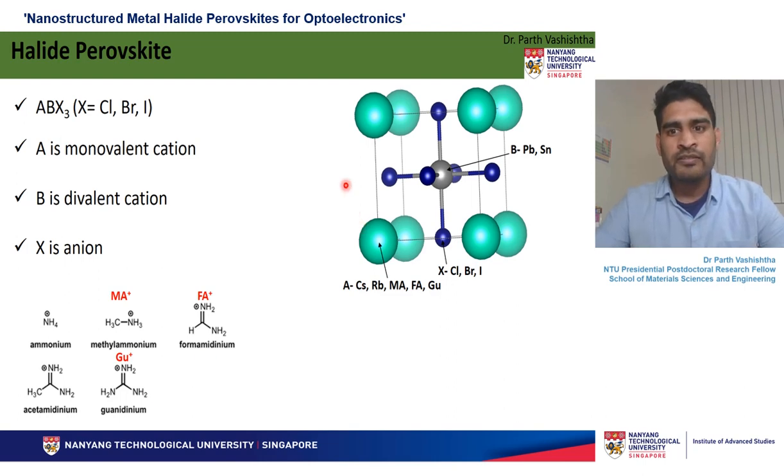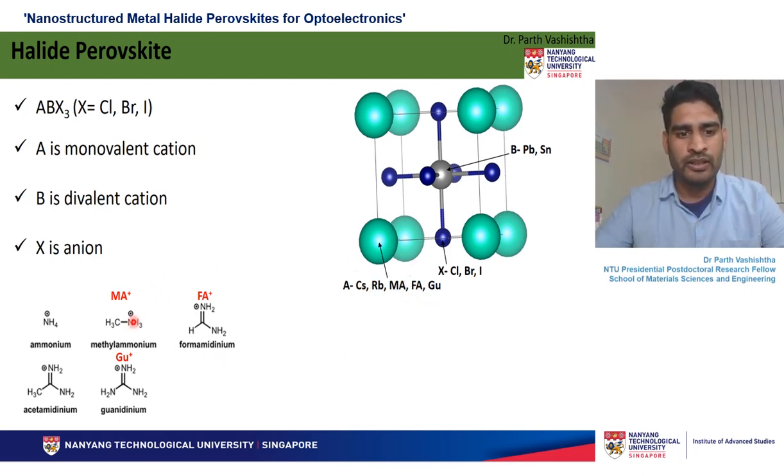So stay tuned. Here, ABX3 type perovskite, like calcium titanate, has a cubic crystal structure where A is a monovalent cation such as cesium, rubidium, MA is methylammonium, which you can see is an organic cation, and FA is formamidinium, which is another organic cation. So we can use inorganic cations as well as organic ones, such as methylammonium, formamidinium, guanidinium, all these kinds of varieties.